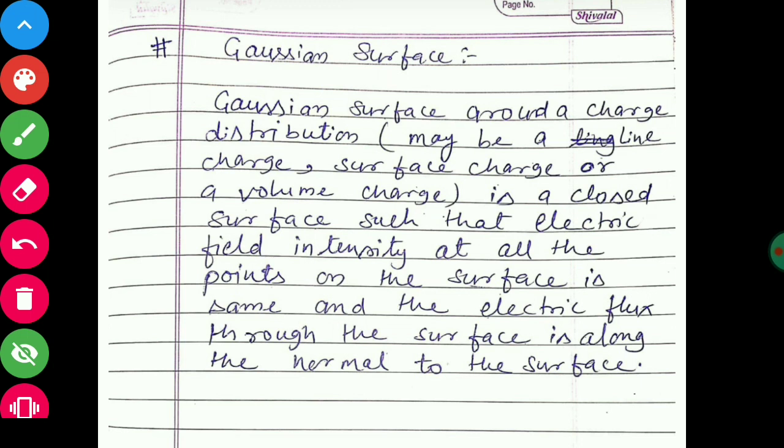And the second condition is that the electric flux is normal to the surface. Now there are three conditions. One, the surface should be closed. Second, the electric field intensity is the same at each and every point. And the third one is the flux is always normal to the surface.